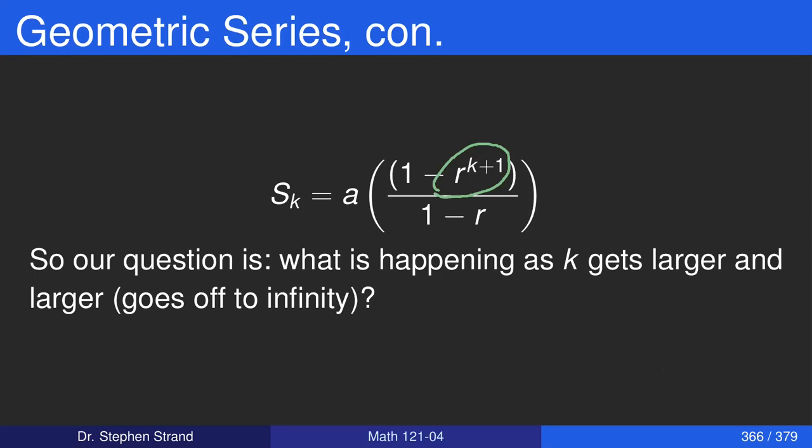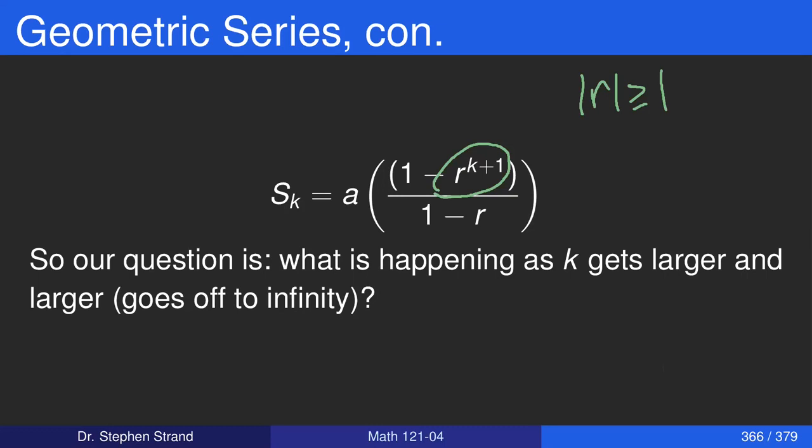And hopefully you know that if r has a magnitude that's bigger than or equal to 1, this is going to blow up, right? If you take 1, you're going to just get 0 here, which is problematic.